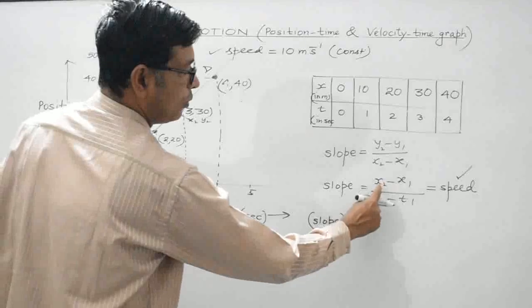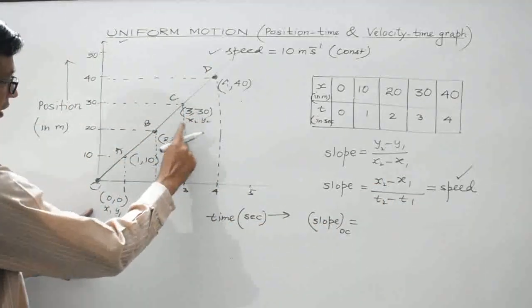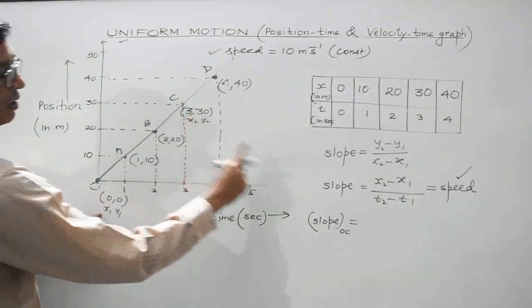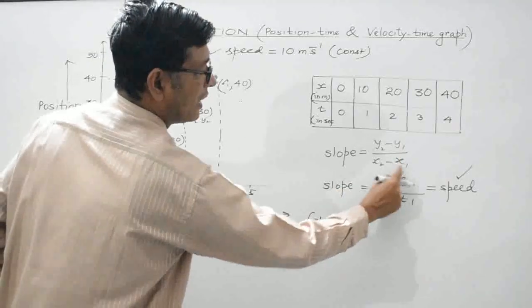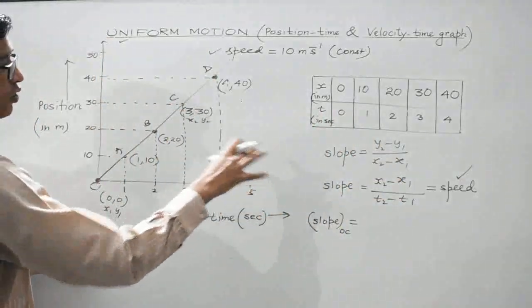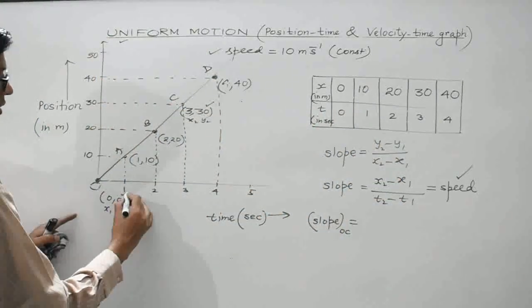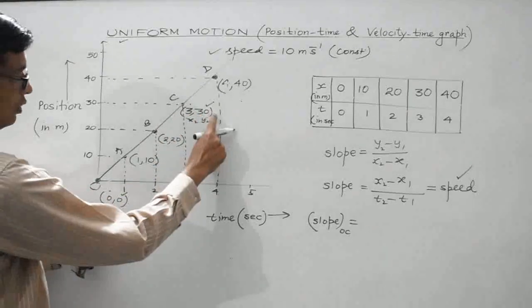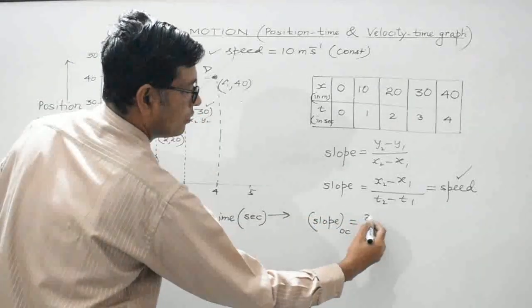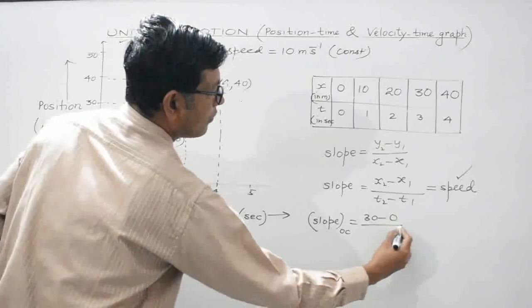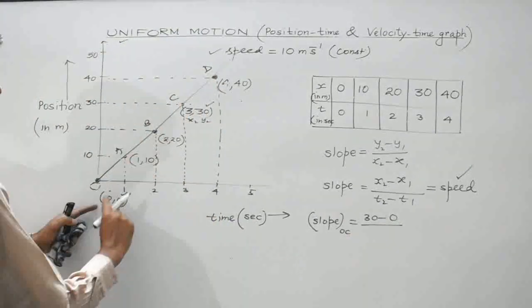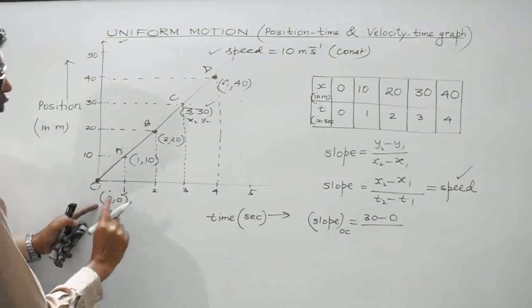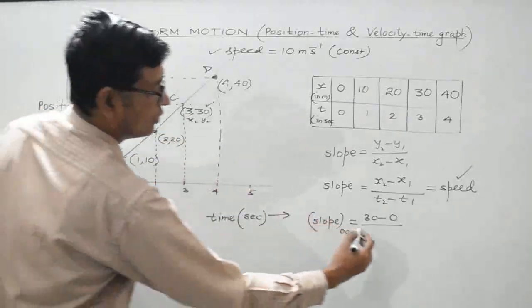What's the formula for this slope? y2 minus y1 divided by x2 minus x1 in terms of y and the x coordinate. So this is y-axis, this is x coordinate, right? So 30 minus 0 divided by x coordinate, that is 3 minus 0.